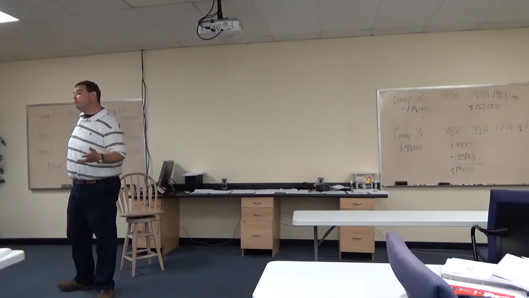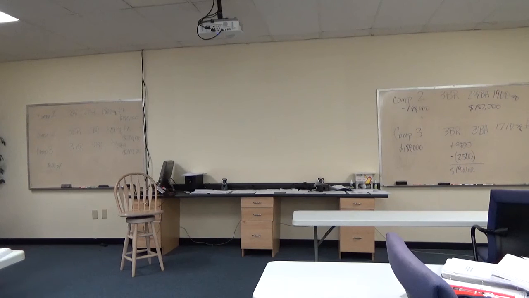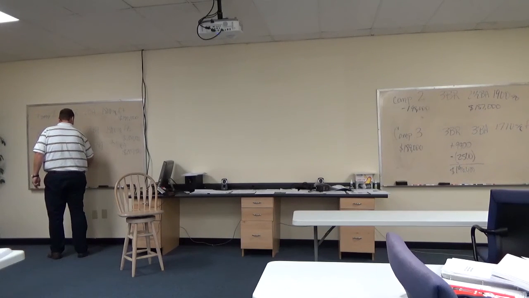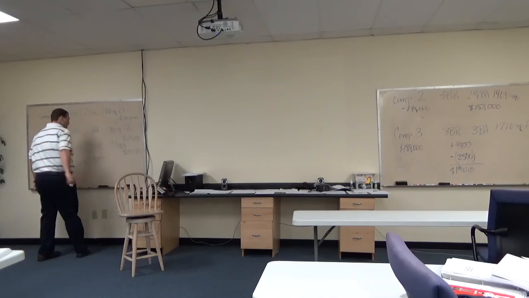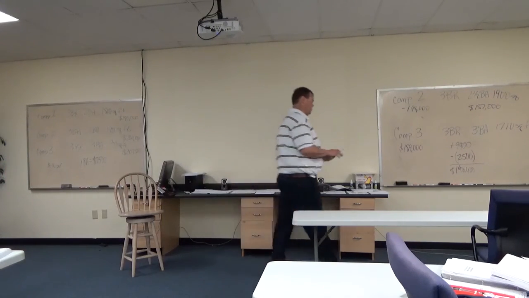Because the only difference between comp number 2 and comp number 3 is that bathroom, and the difference in pricing is $7,500. Does everybody follow that line of thinking so far? So a bath, in this case, 1 bath, is worth $7,500.